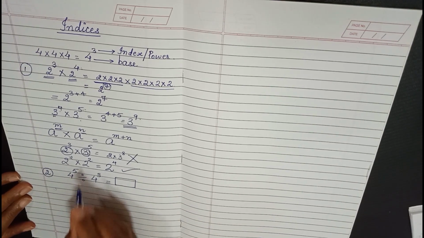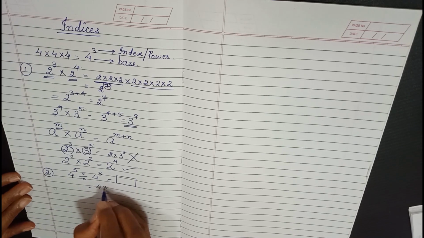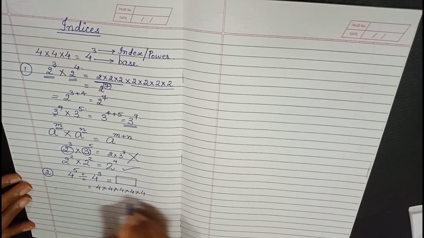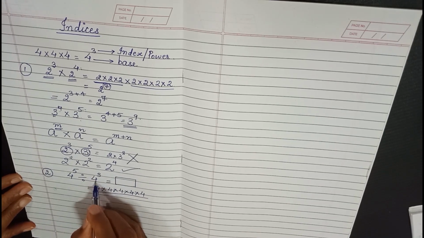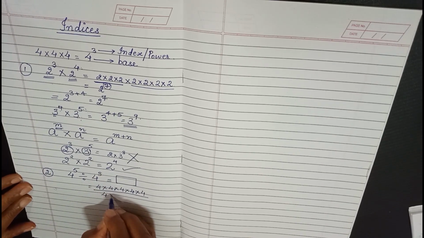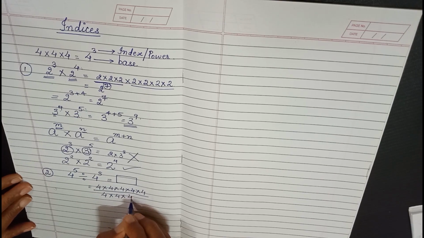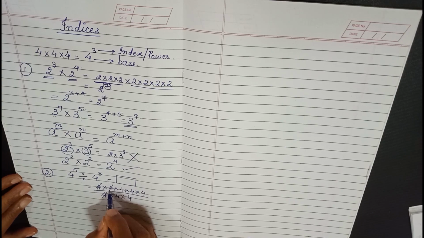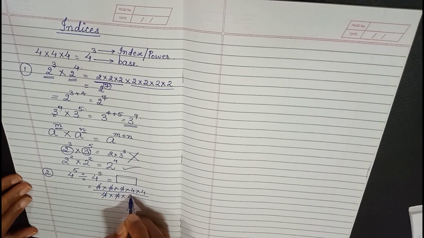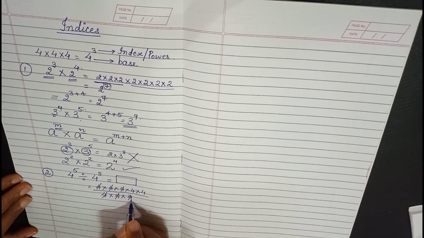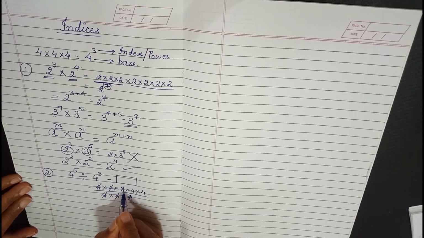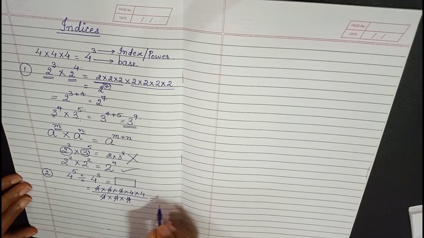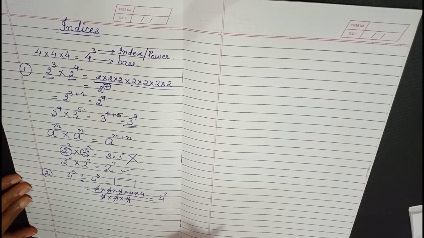Now as you can see, 4 raised to 5 can be written as 4 into 4, 5 times, divided by 4 raised to 3, that is 4 three times, which I write in the denominator. So if I cancel out, how many 4s can I cancel? You can see there are 3 fours in the denominator, which I cancel with the 3 fours in the numerator. What remains is only 2 fours, which is 4 raised to 2.